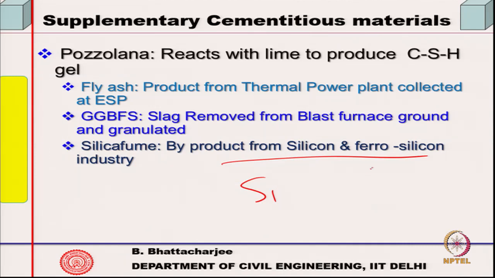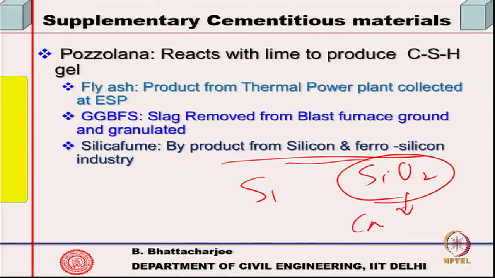In the process, some very rich silicon oxide, around 85-90% silicon oxide, fumes or gases come out, which are condensed and you get what is called microsilica or condensed silica fume, and this is also a material which will react with calcium hydroxide easily.